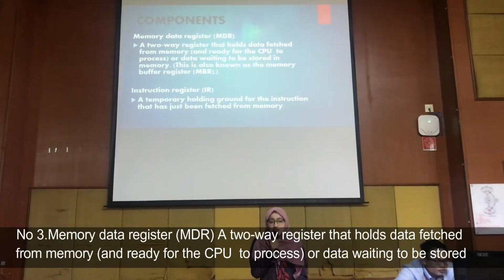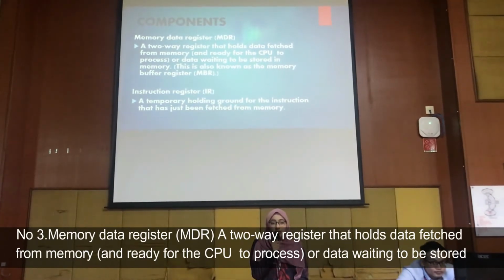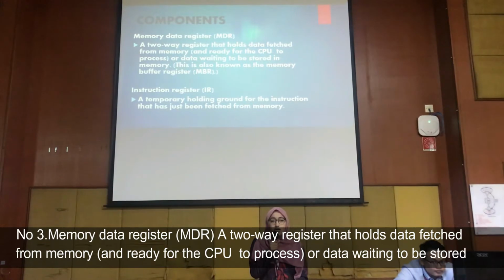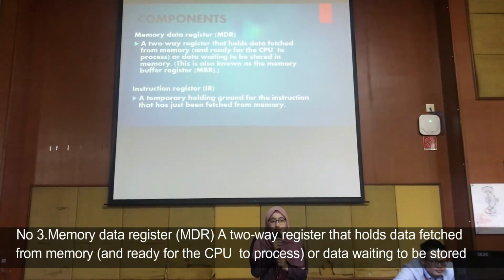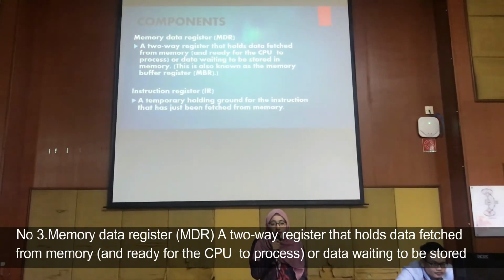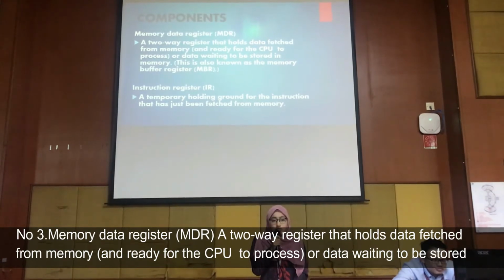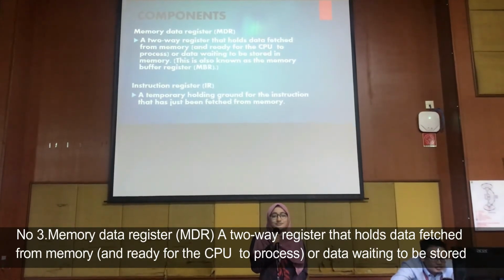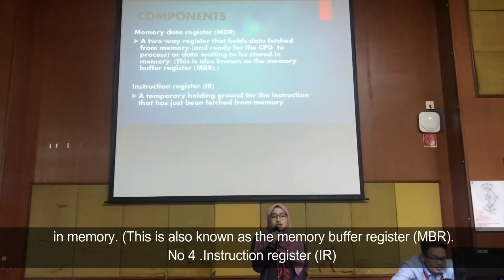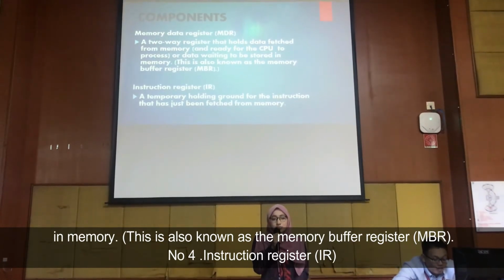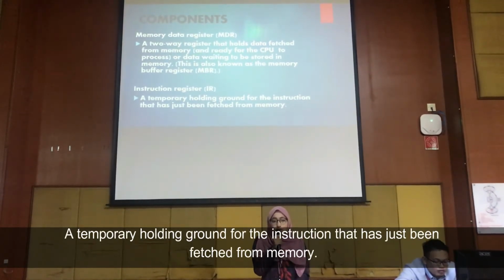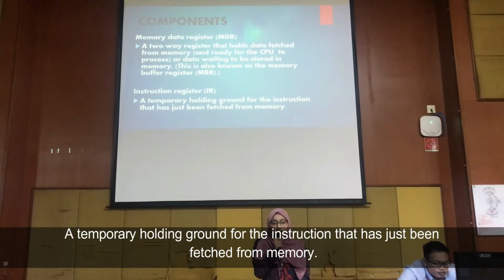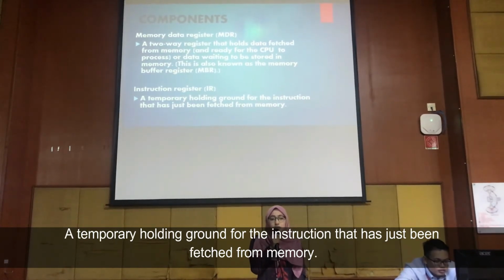Memory data register (MDR), a two-way register that holds data fetched from memory or data waiting to be stored in memory. Instruction register (IR), a temporary holding ground for the instruction that has just been fetched from memory.